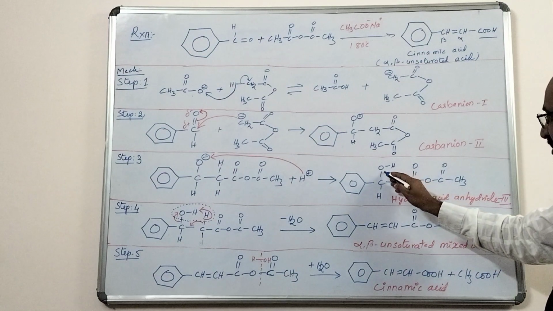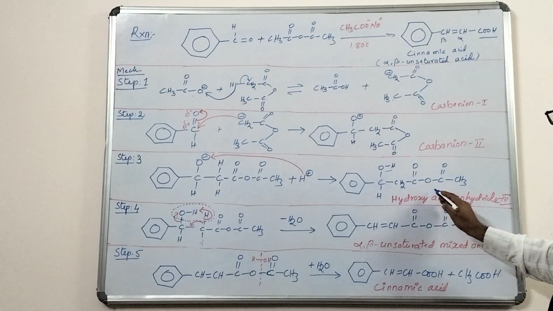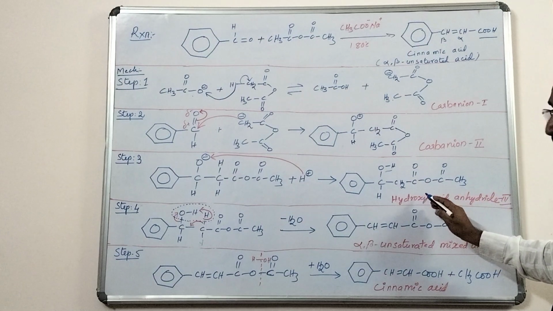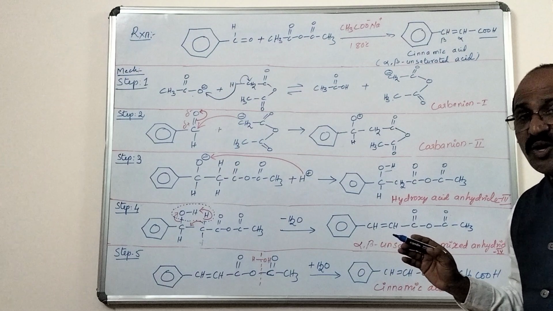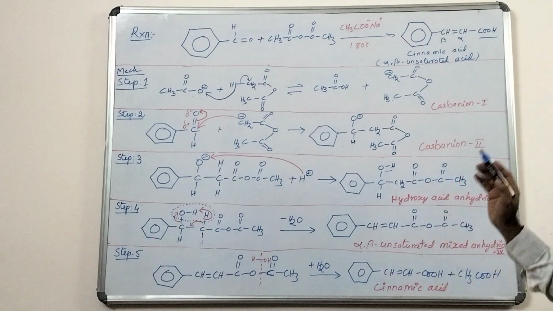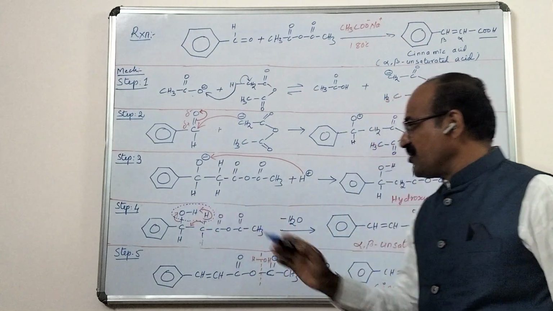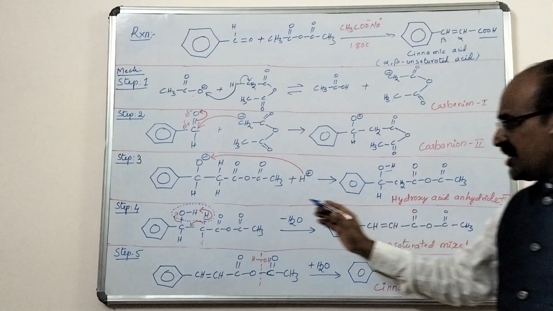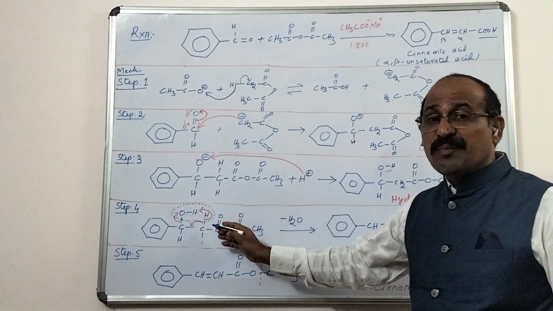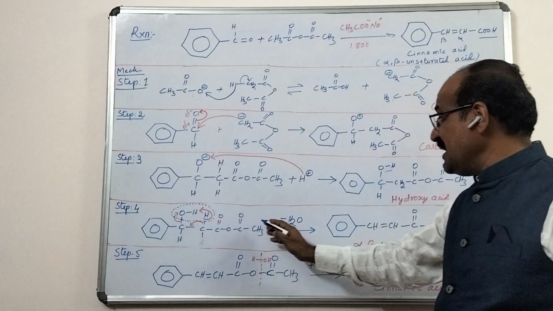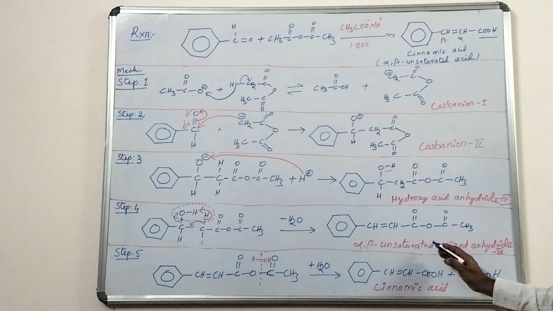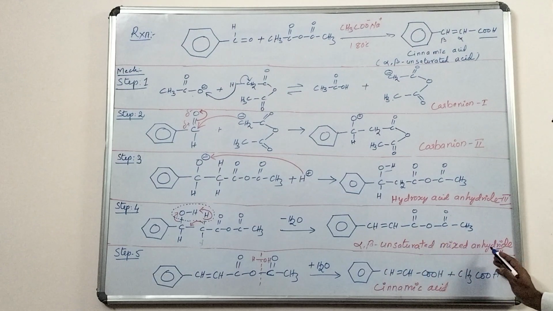So this is a hydroxy part, and this is an anhydride, that is called an acid anhydride. That is why we call this a hydroxy acid anhydride. Okay. In the fourth step, this hydroxy acid anhydride will undergo internal proton transfer, thereby liberating a molecule of water and forming alpha beta unsaturated mixed anhydride.